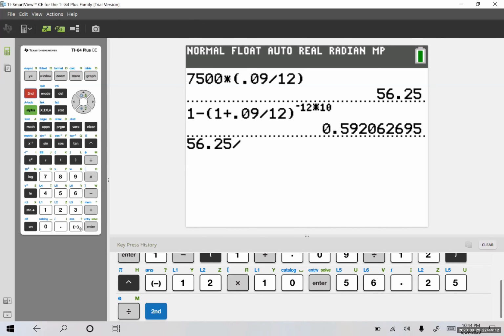But they asked us for more than that. So they said, what are your monthly payments? How much will you pay for the lifetime of your loan? So now think about this. Your monthly payment is 95, but over 10 years, how much is this going to be? So over 10 years, how much am I paying?